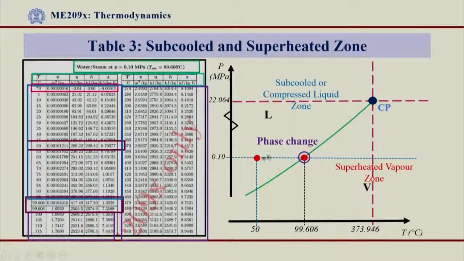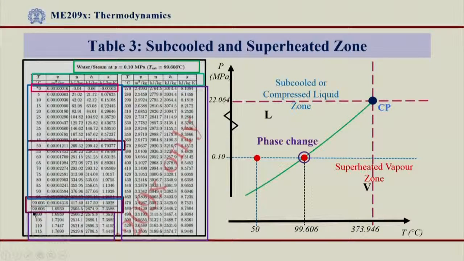Because I am travelling from the subcooled liquid zone, when I go on increasing the temperature, I will first hit the saturated liquid line, and the properties of the 100% saturated liquid will be taken from this first temperature 99.606. So, these are my Vf, Uf, Hf and Sf.